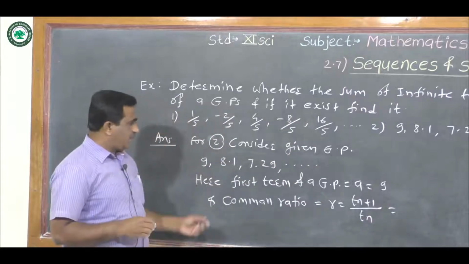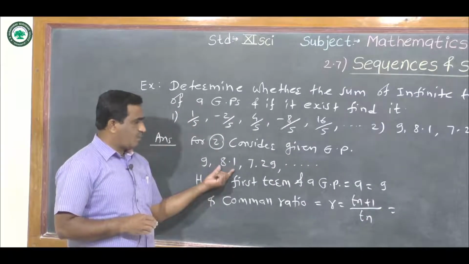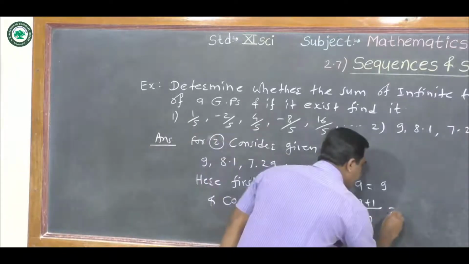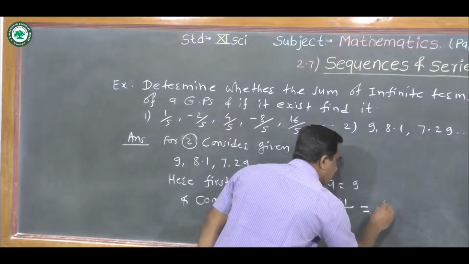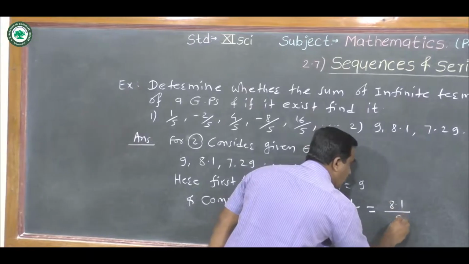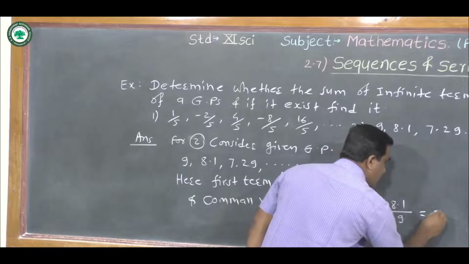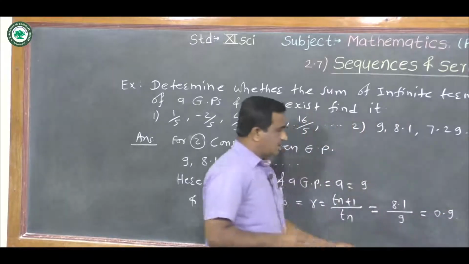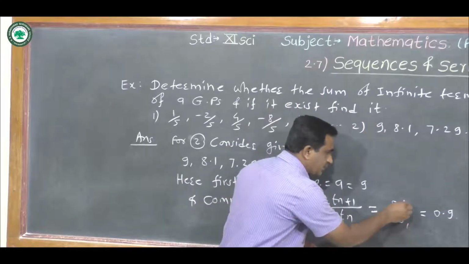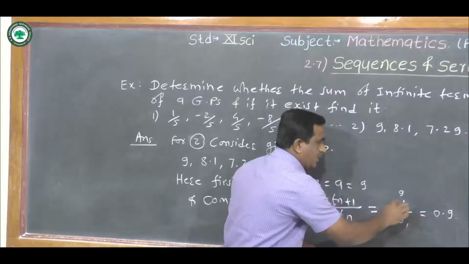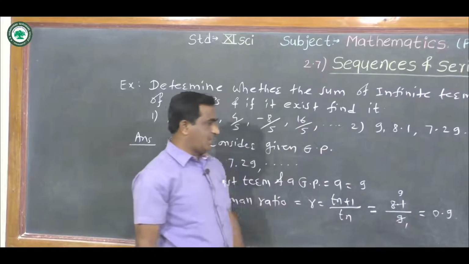That is, take Tn plus 1 equal to 8.1 and Tn equal to 9. So 8.1 upon 9, the division of these two terms is 0.9. 9 ones are 9, 9 nines are 81, therefore we can write 0.9.